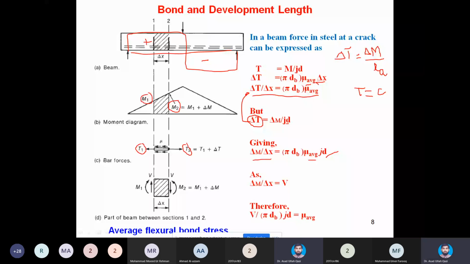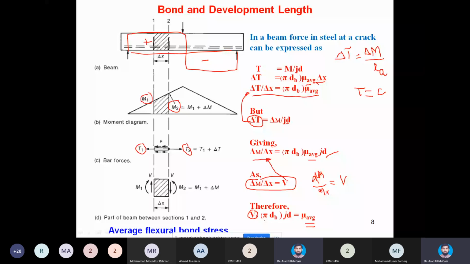We also know that dM over dx, the change in moment diagram over a distance dx, is equal to V. Since delta M over delta x is V, I can put V here. So I get another very useful equation: mu average is equal to shear force divided by circumference times lever arm.